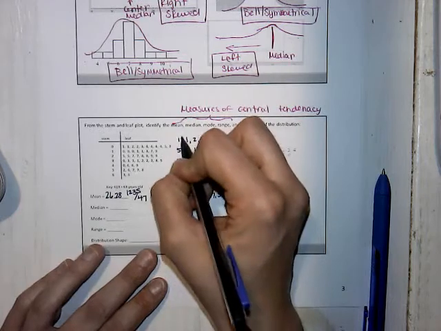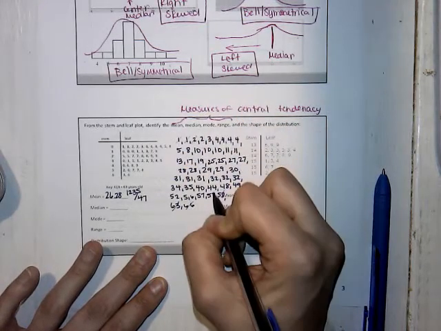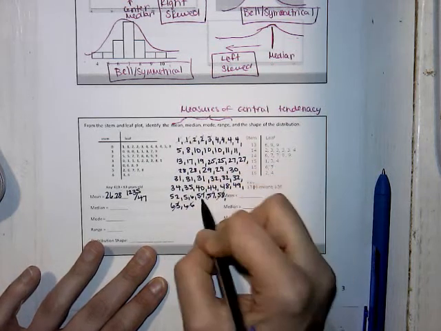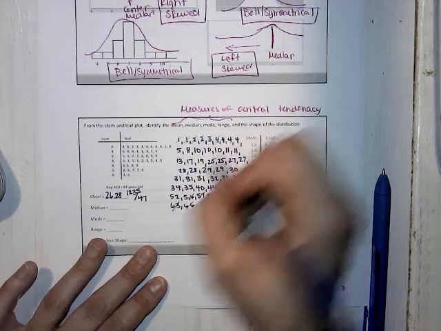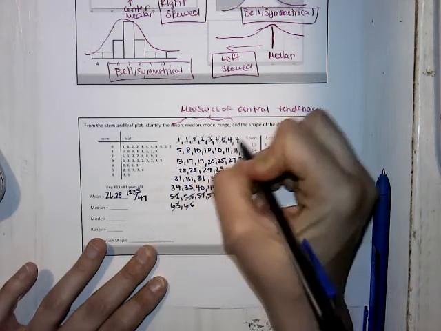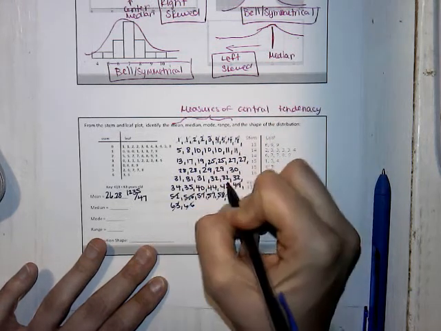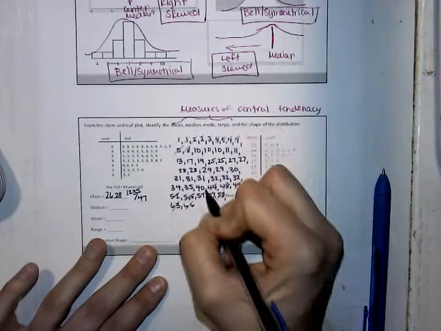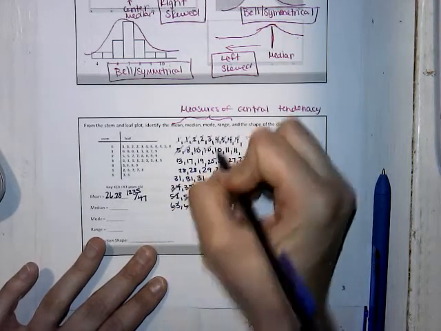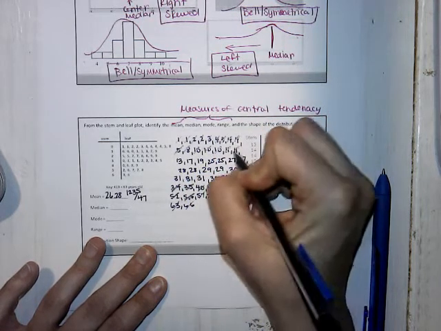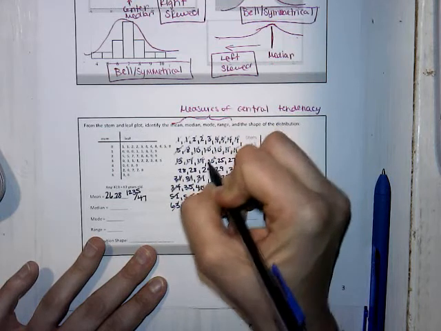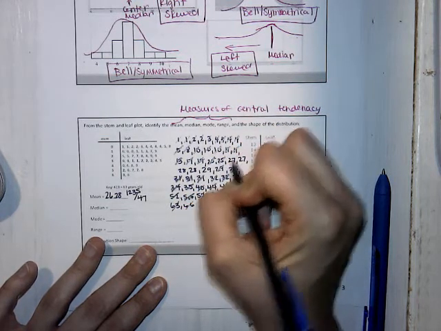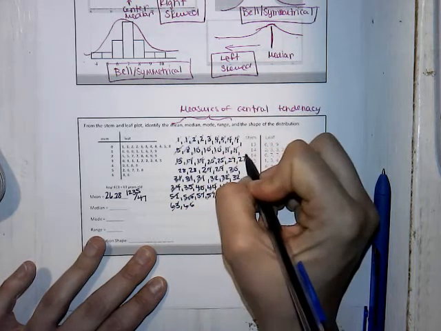So I start on both ends and I just kind of start crossing off until I find the middle. So I get 28 is my middle of my data.